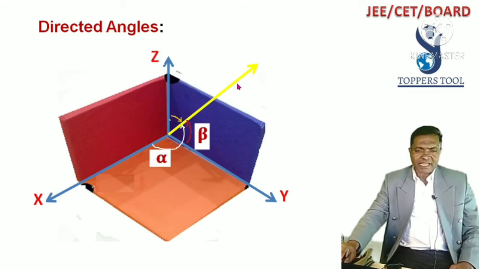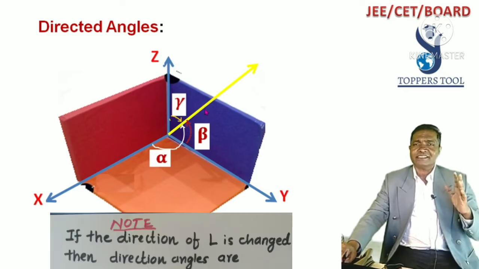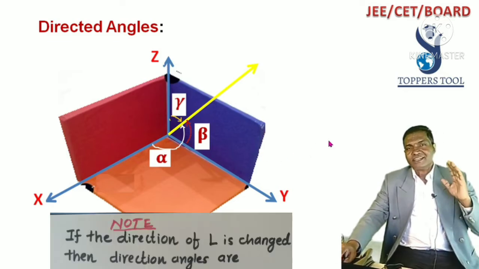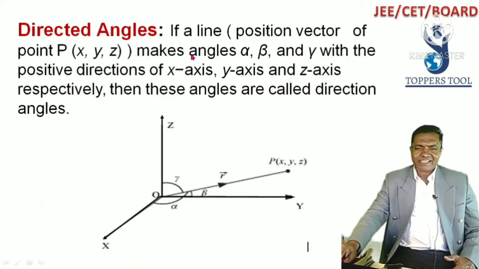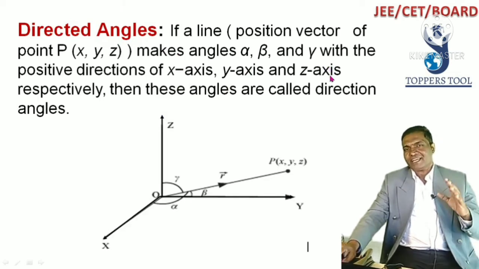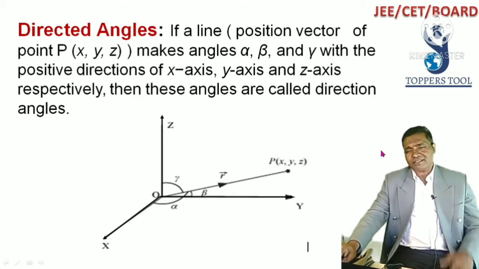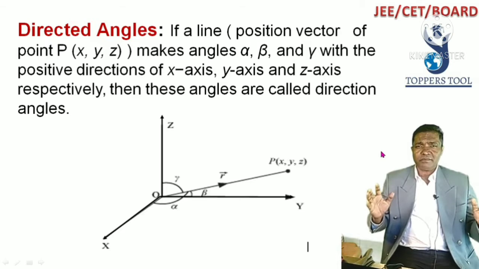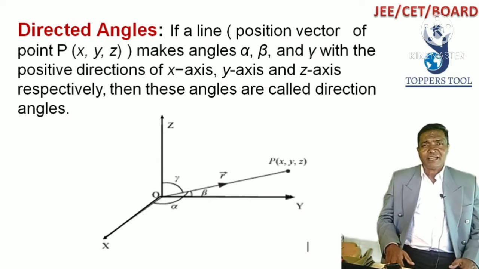The angle between the line and the y-axis is represented by beta. Similarly, the angle between the z-axis and this line is gamma. These are called directed angles of a line. Remember that whenever alpha, beta, gamma come in this chapter, they are nothing but directed angles.